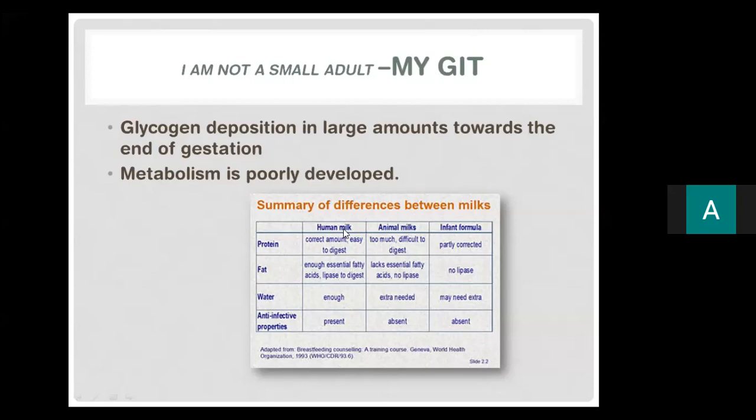So you have a shorter time for digestion of human milk. If a child is only on human milk or breast milk, what amount of time for fasting do we give them? Patricia.